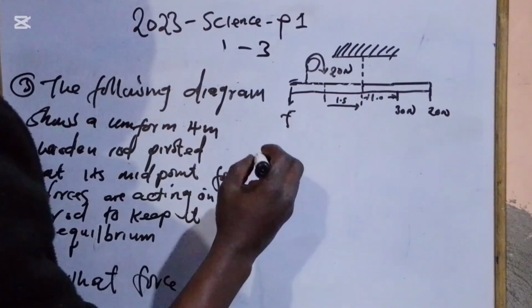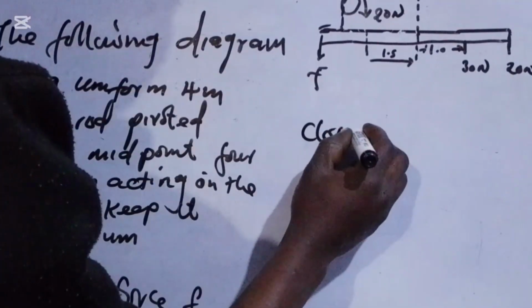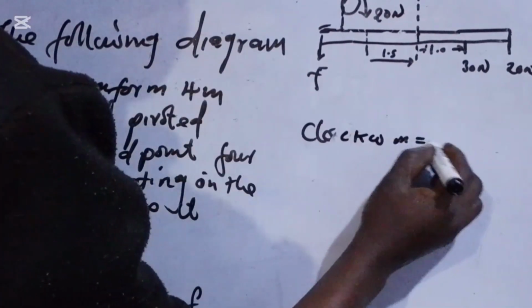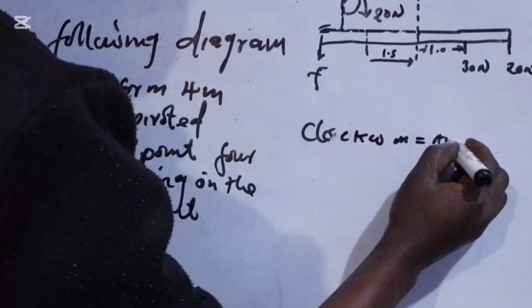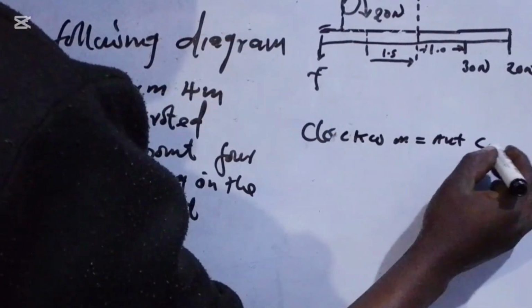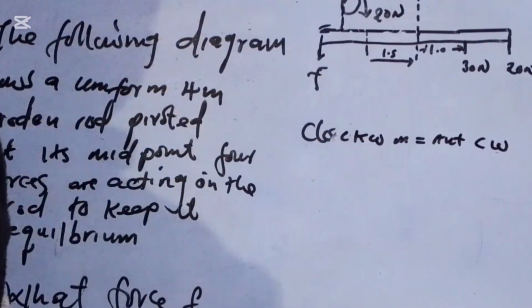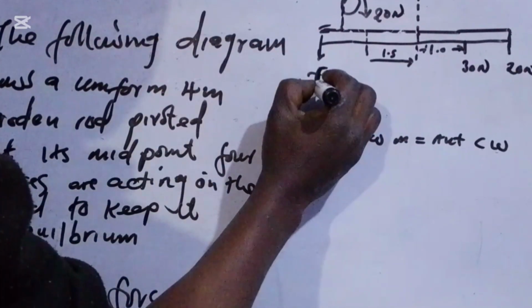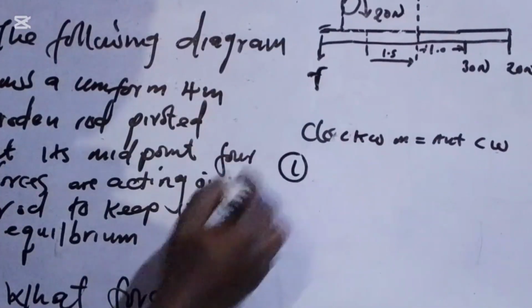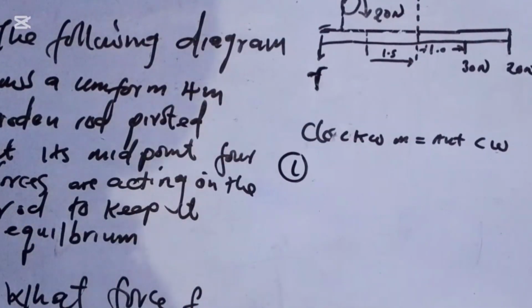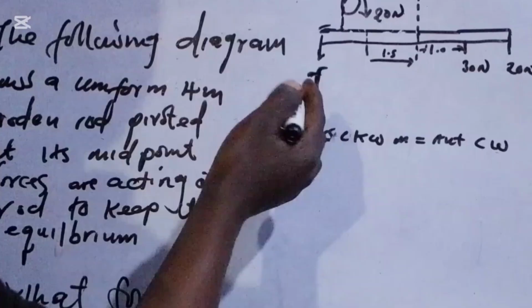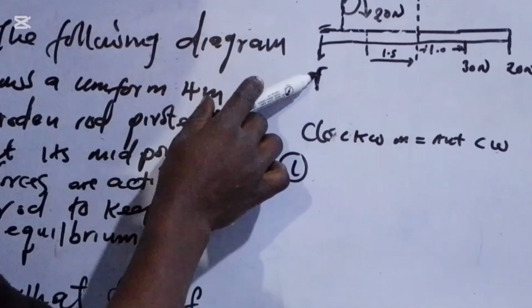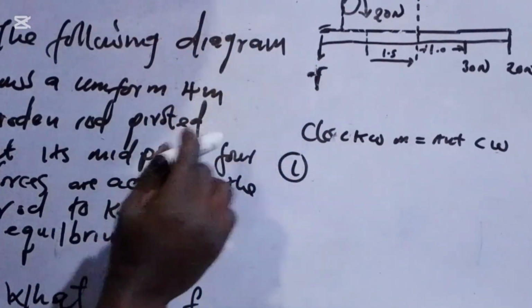We all know that clockwise moment is equal to anti-clockwise moment. Okay, in which here we are going to say, when you take this force here, which is the first parameter here. So first, we have the force acting downward.